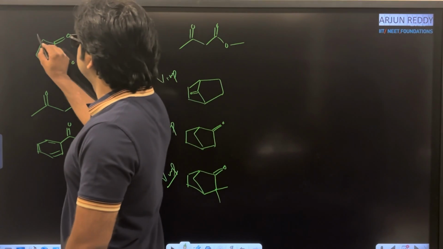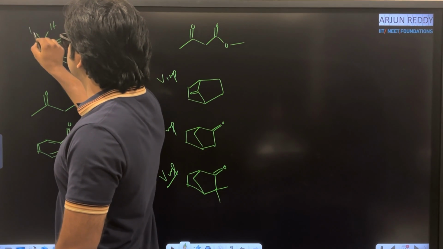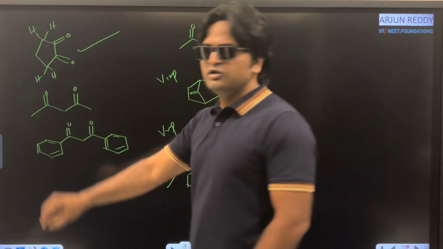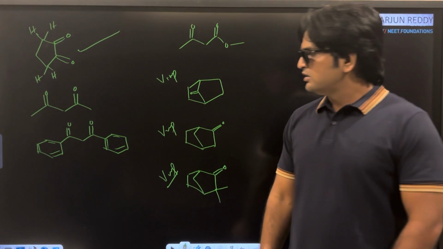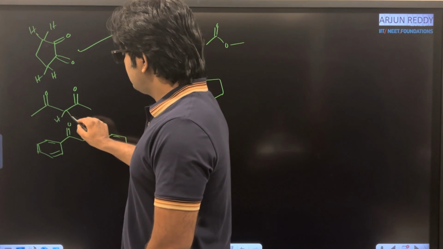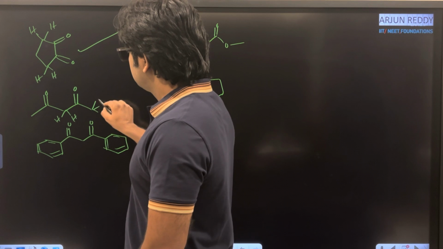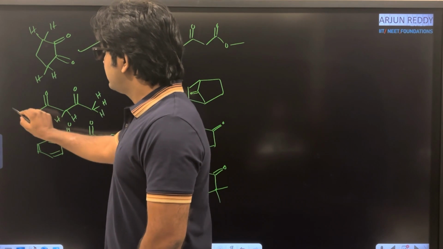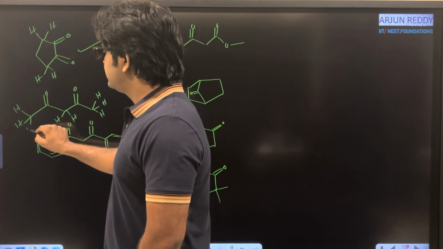Yes, it has acidic hydrogen atoms. Here also the same thing, acidic hydrogen atoms. This molecule can exhibit tautomerism. Next one, we have hydrogens from the middle carbon atom, and acidic hydrogens are available from the left and right side carbon atoms.